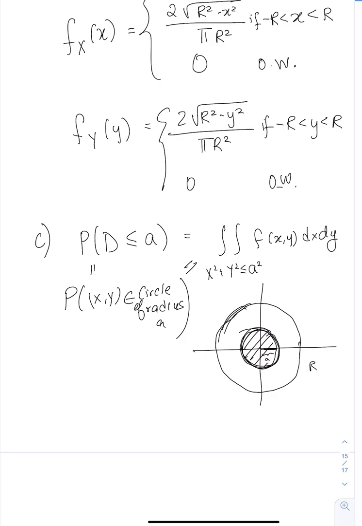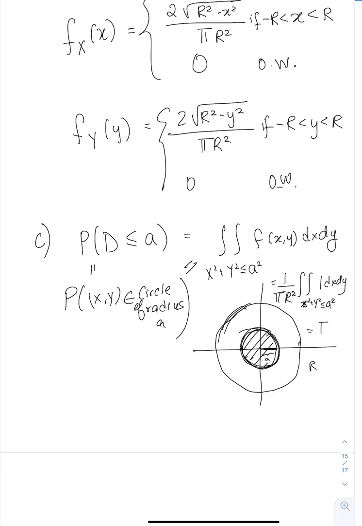And because it's uniform, it's just like what you had for one variable, where you had the length of the interval divided by the total length. Over here, you'll have the area of the circle divided by the total area. Or you can factor out f of x, y, which is 1 over pi r squared, and then you're integrating over x squared plus y squared less than or equal to a squared, 1 dx dy.